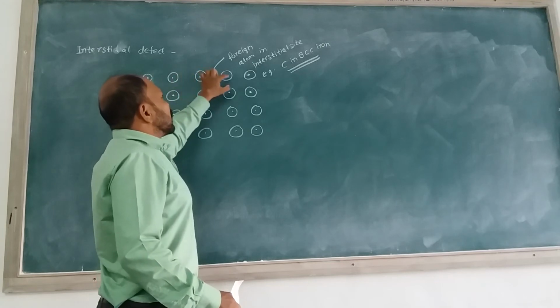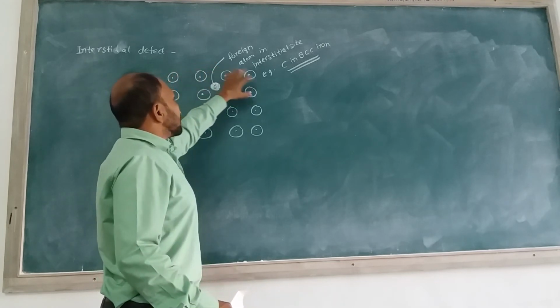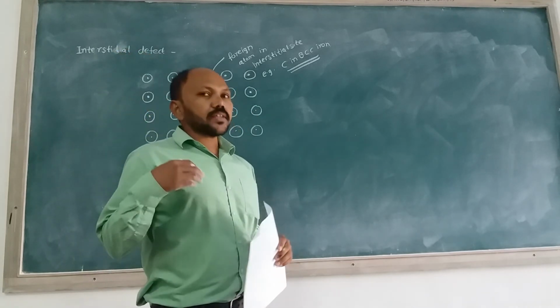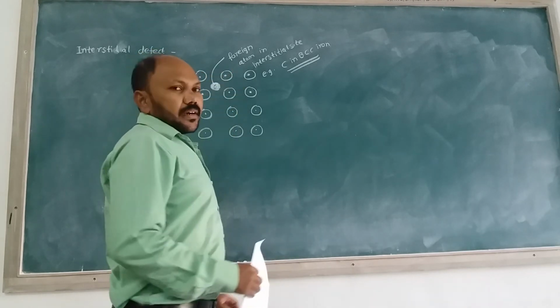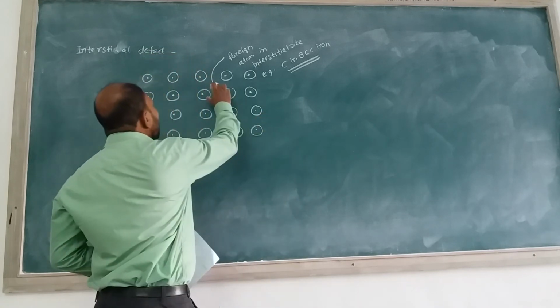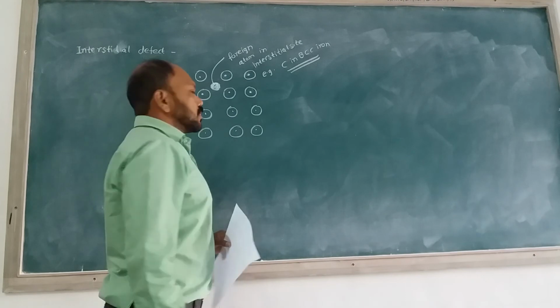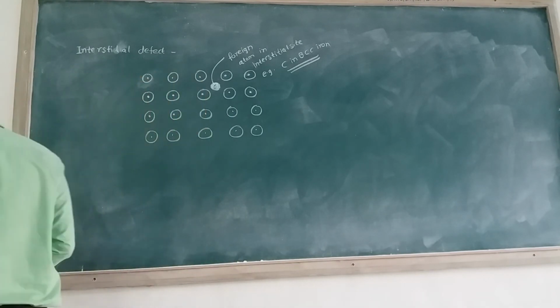Okay, in this case, these actual atoms or these BCC iron atoms are called parent atoms, or also host atoms, and this other atom is the foreign atom. Surrounding this foreign atom are the host atoms or parent atoms. So this is called an interstitial defect.